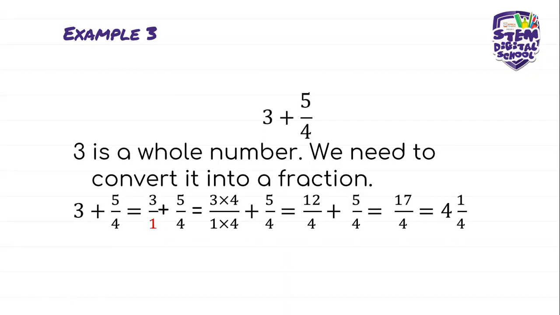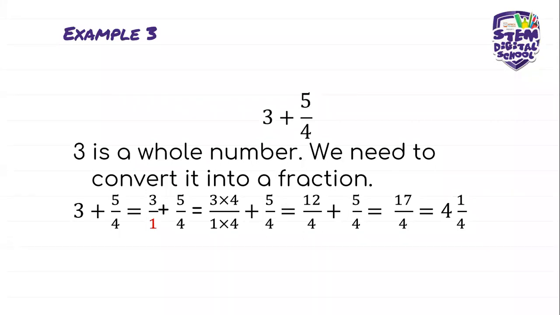The other fraction, the denominator is 4. So as I've shown you in the previous two examples, you now have to find the lowest common denominator. And in this case, the lowest common denominator for 1 and 4 will obviously be 4. Because 1 can go into 4 without a remainder, and then 4 can also go into 4 without a remainder.